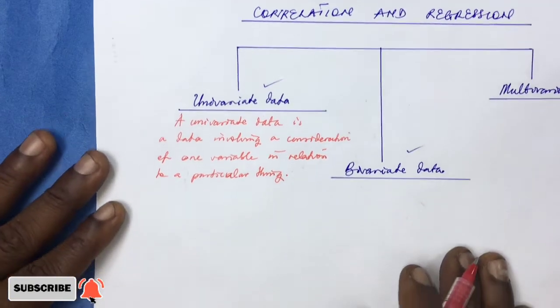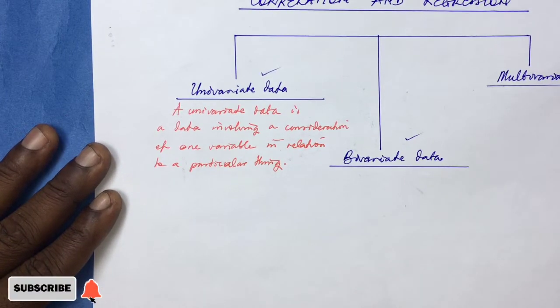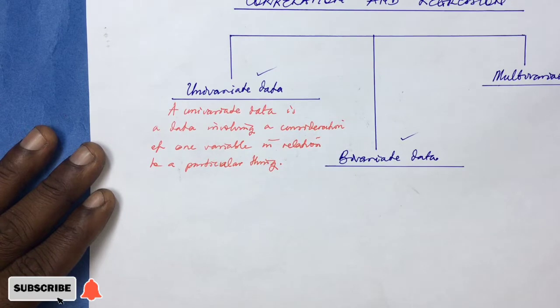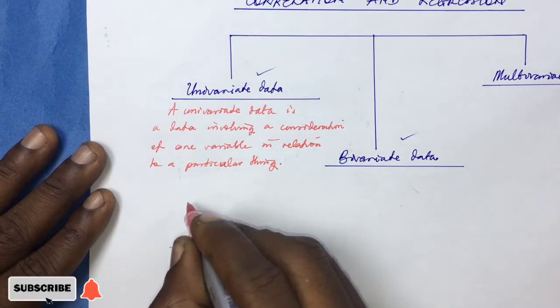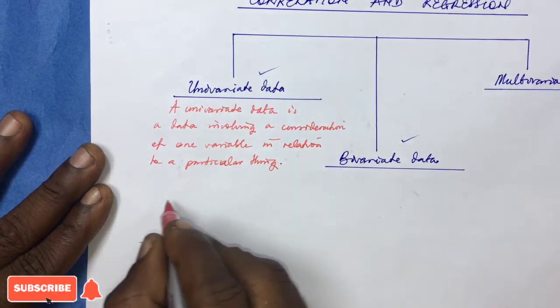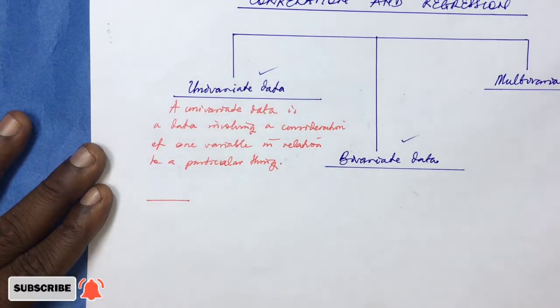What does this mean? Let's assume that there is a class of students, and for the particular thing we are referring to, let's assume that what we want to consider is one variable.